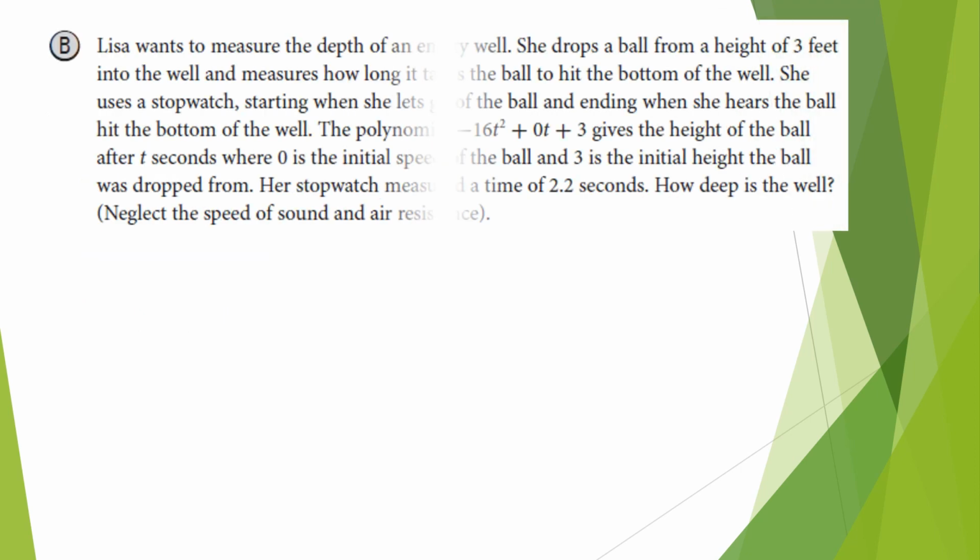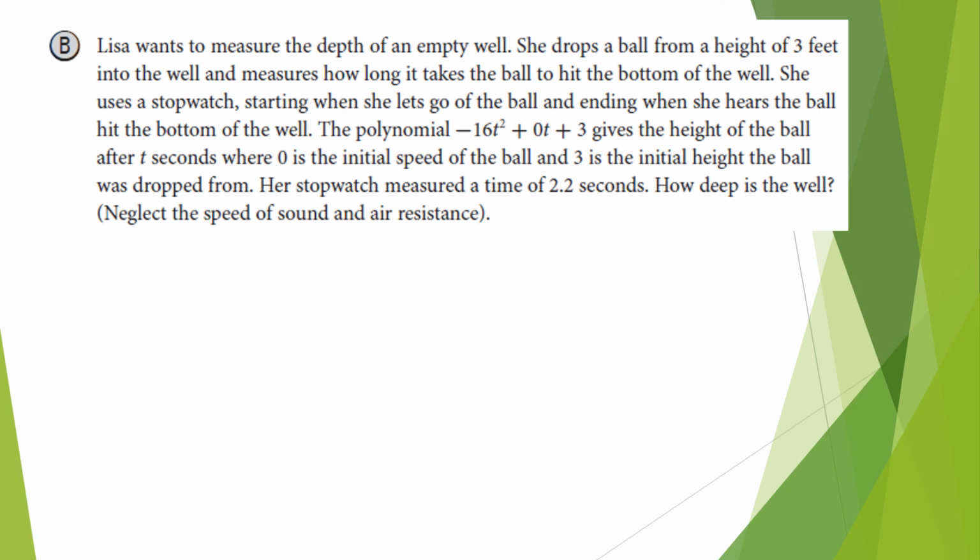Another example. Lisa wants to measure the depth of an empty well. She drops a ball from a height of 3 feet into the well and measures how long it takes the ball to hit the bottom of the well. She uses a stopwatch starting when she lets go of the ball and ending when she hears the ball hit the bottom.